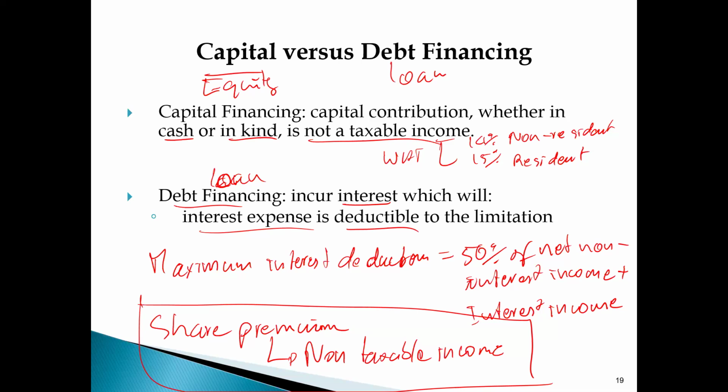In Cambodia, I have seen MOC approve, but the GDT doesn't like it. When you reduce capital, capital reduction is subject to withholding tax if you are a non-resident. Capital reduction under tax law, they call dividend.